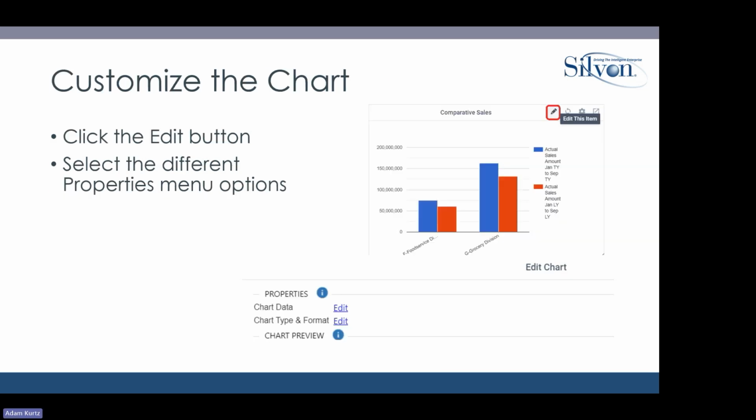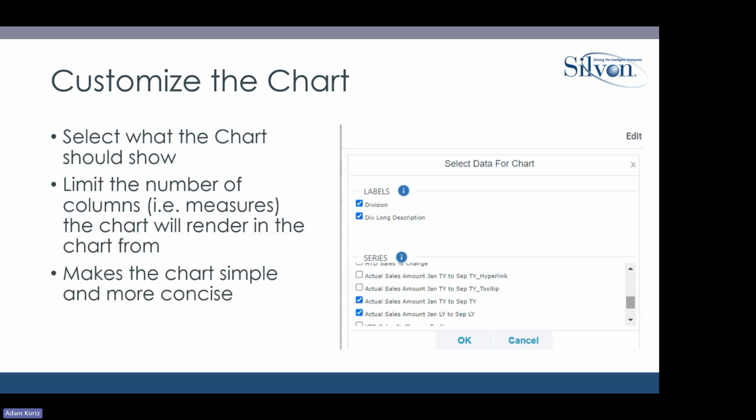Again, going in, more options in terms of customizing the chart. As you can see, there's an edit button, so you can actually select the different property menu options for that particular chart. You can select what the chart is actually charting. Your view might have more columns in it than you want to chart, perhaps. So you can go in there and you can limit the number of columns the chart will render in the chart format.